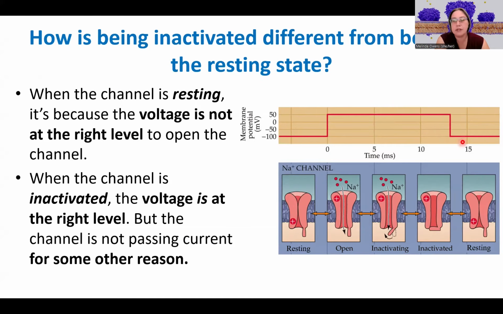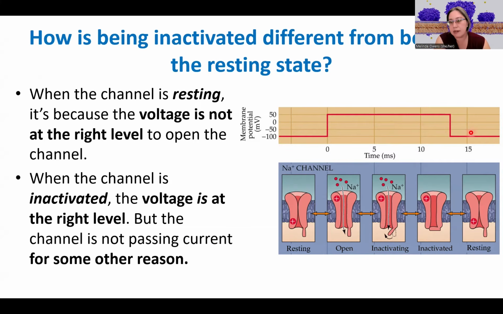But the trick is, when the channel is inactivated, the voltage is at the right level. The voltage is high, but the channel is not passing current for some other reason. And when we talk about the biochemistry of the channels, we'll talk about exactly what's going on here to physically block the current from flowing, even though the membrane potential is high.